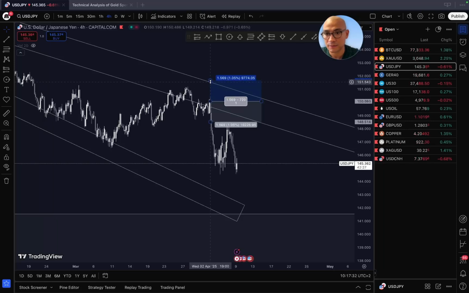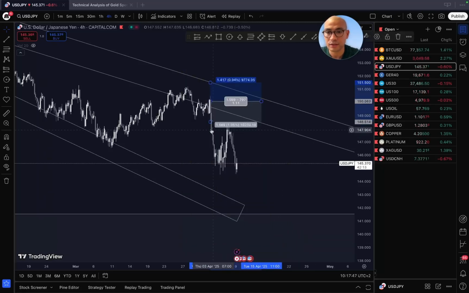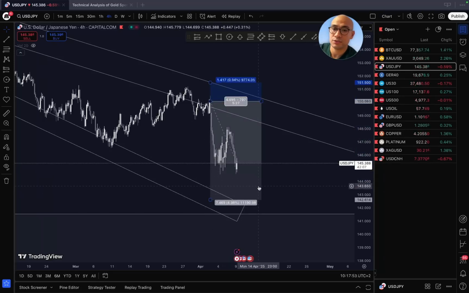Okay, so like over there, I think my stop loss was 151.5 or something like that. Let's do 151.5. Okay, cool. Then I'm gonna drag this all the way down into the next box. Okay, into the lower box, my target area, and then we watch the trade.